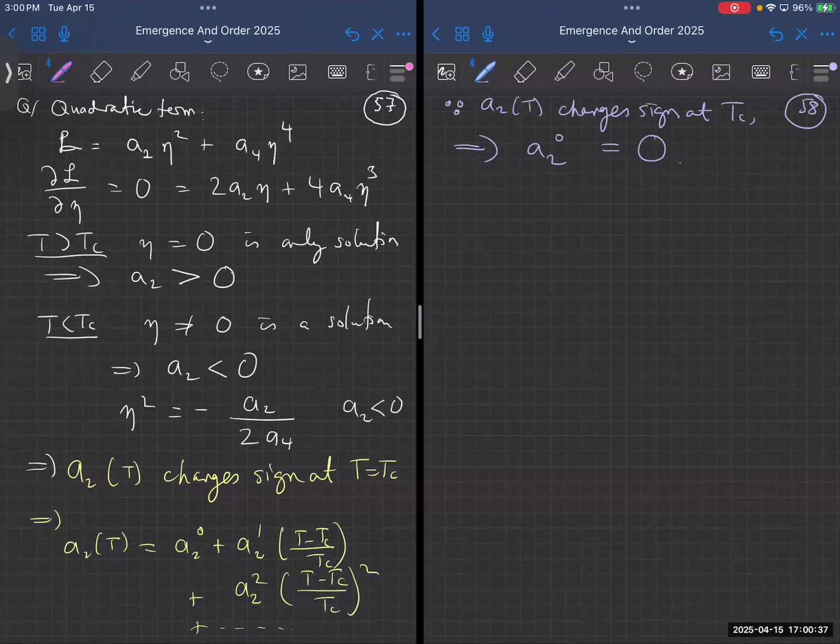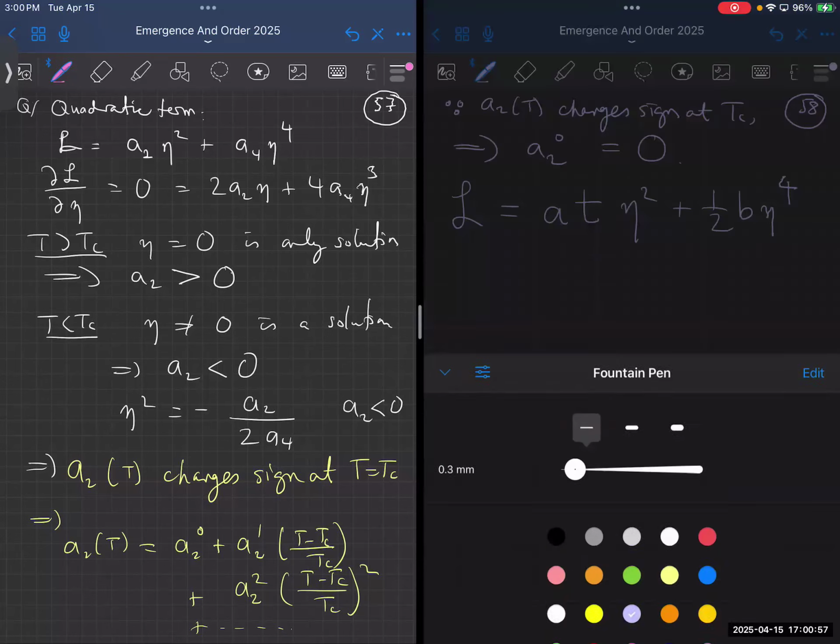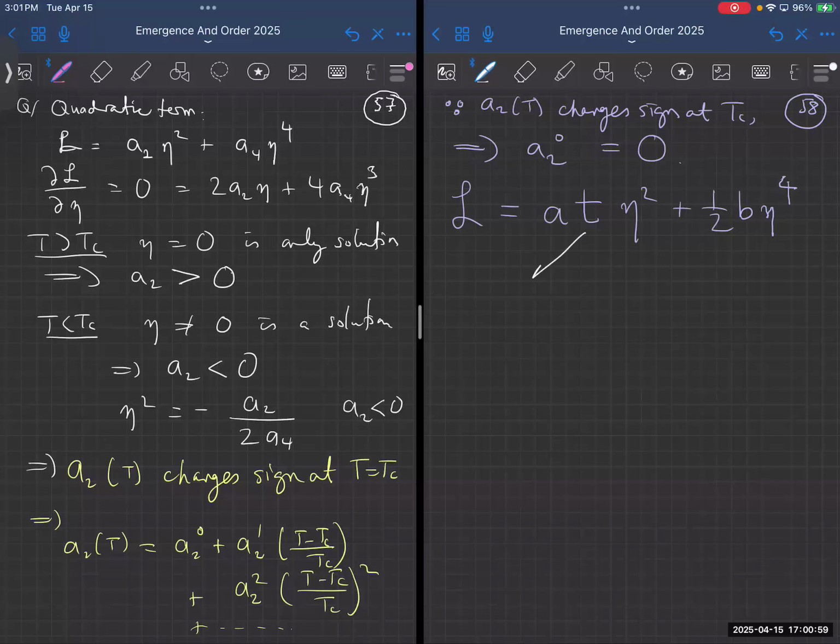So therefore, we have now derived the following result, that L for general terms must be some coefficient, which I'm now going to call A, times T times eta squared plus 1/2 B eta to the fourth. And here I mean T, it's not time, it's T minus TC over TC. This B is a coefficient that is just some number greater than 0.